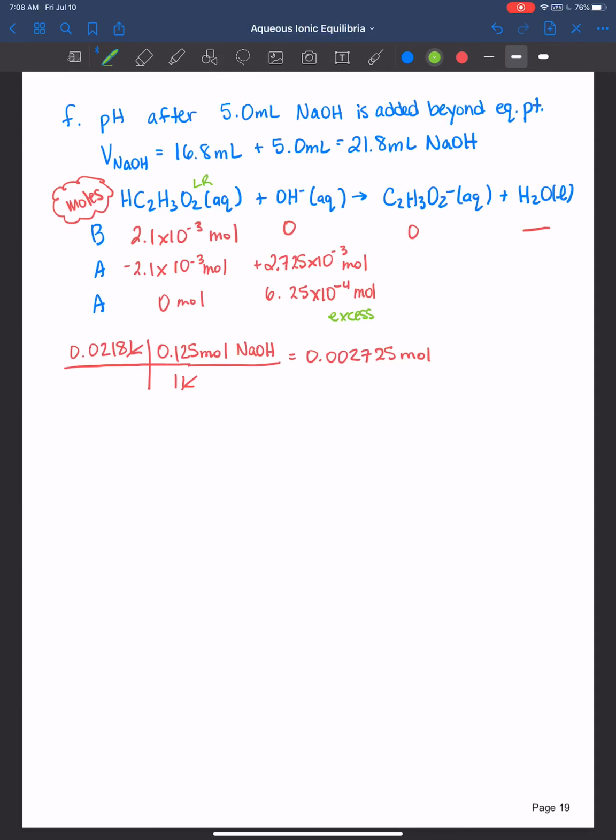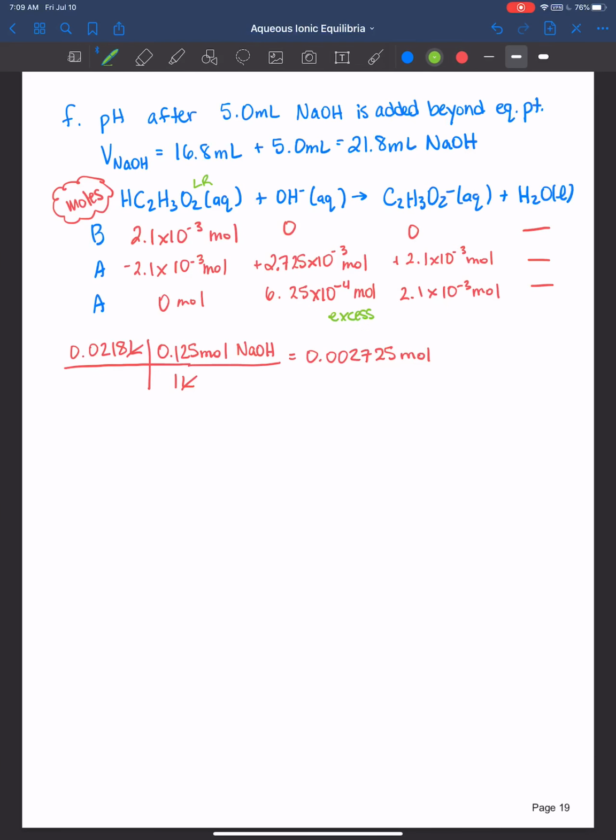Now, when you learned in first semester general chemistry to calculate the excess reactant, now you see where it comes into play in this application here. All right, so as we're reacting acetic acid with the hydroxide, we're creating the conjugate base. So we have acetate also in our beaker.